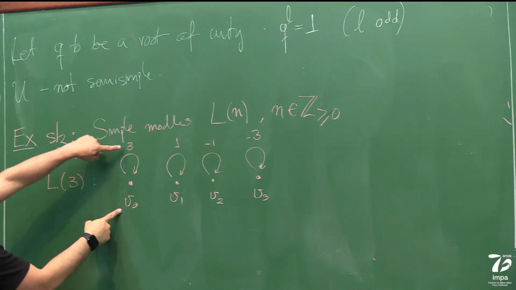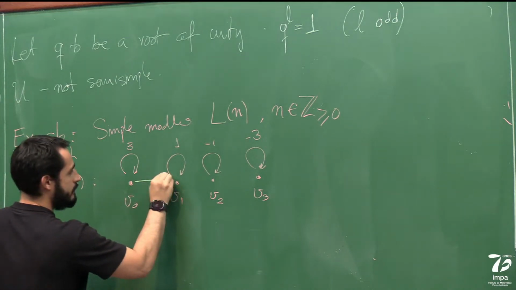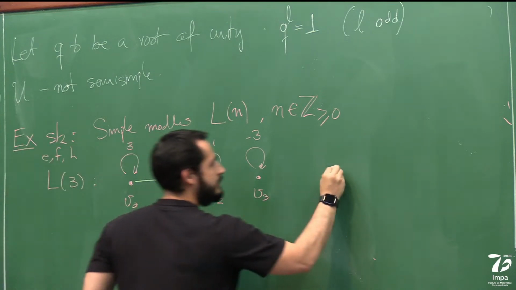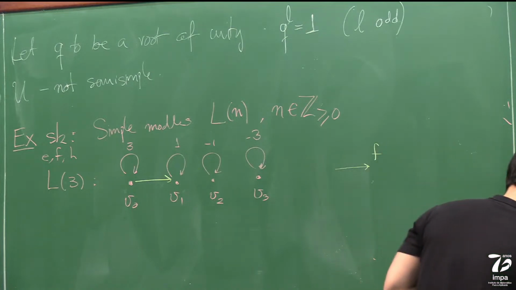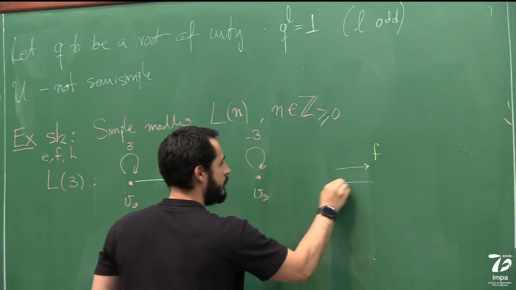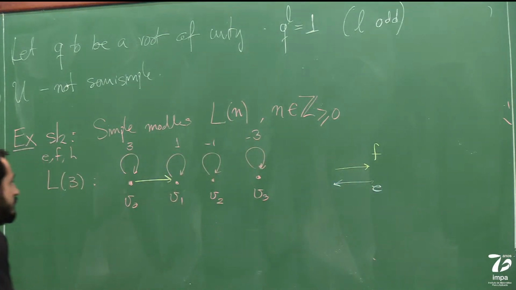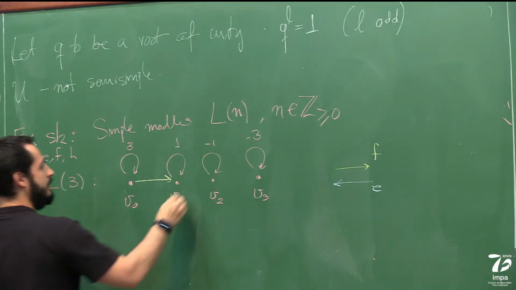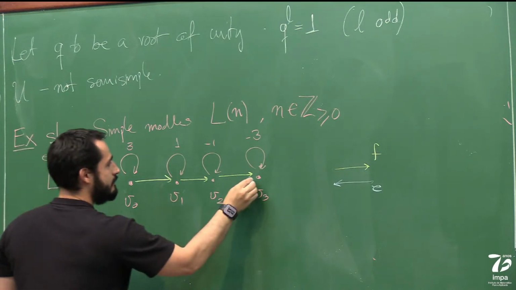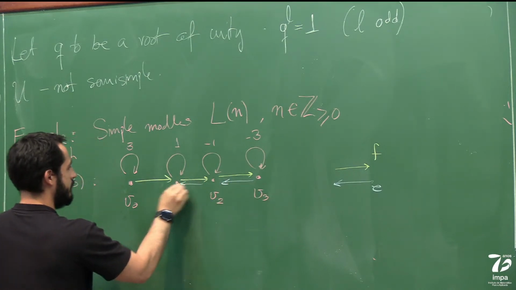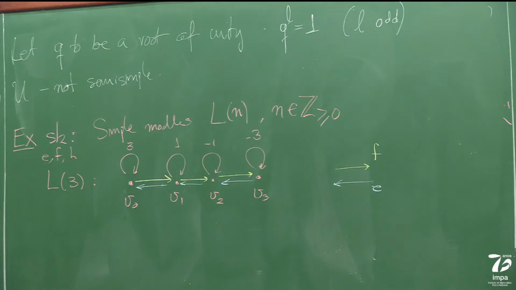Starting with the highest weight vector, the action in one direction is by the f's, and the action in the other direction is by the e's. But all of these coefficients are different from 0.